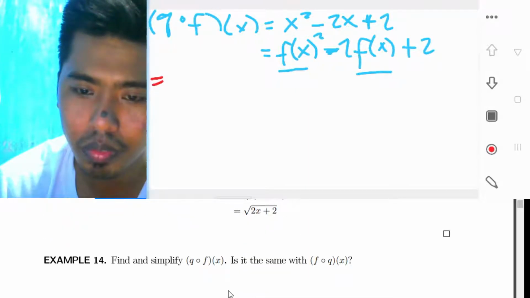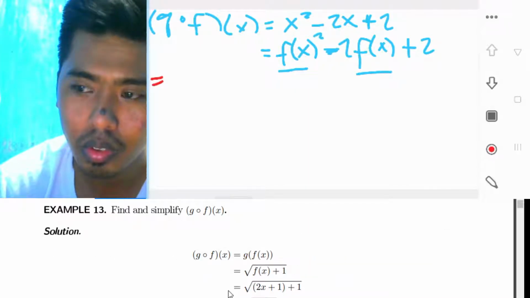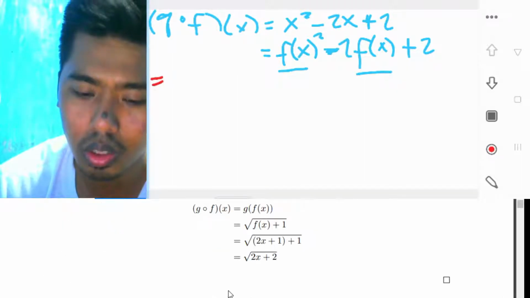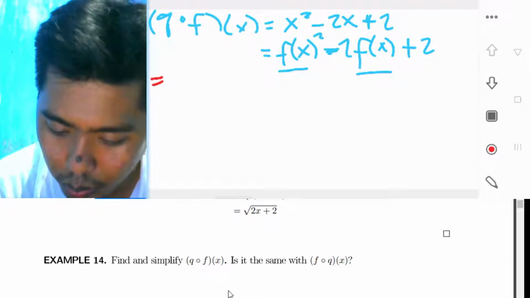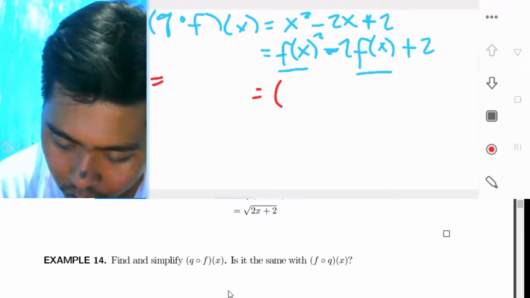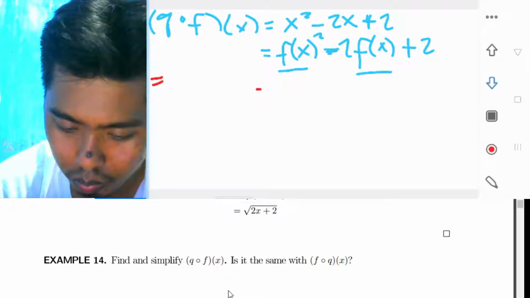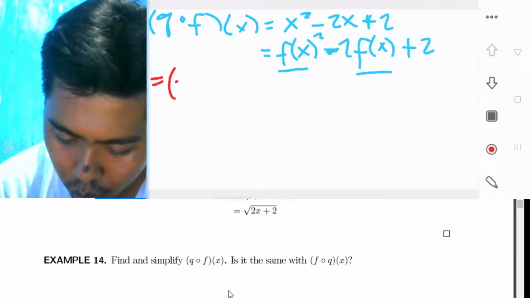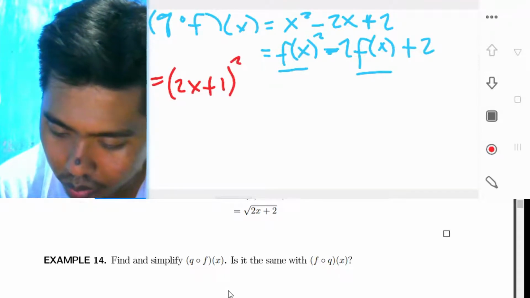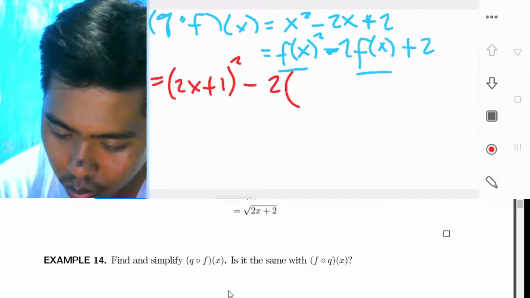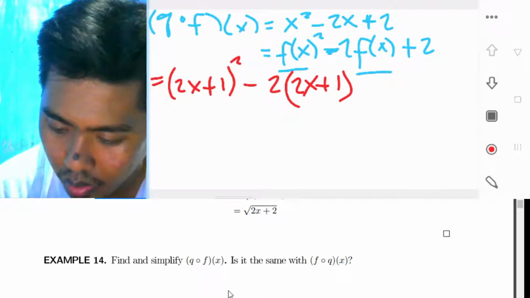The f is 2x plus 1. So 2x plus 1, squared, minus 2 times 2x plus 1, then plus 2.